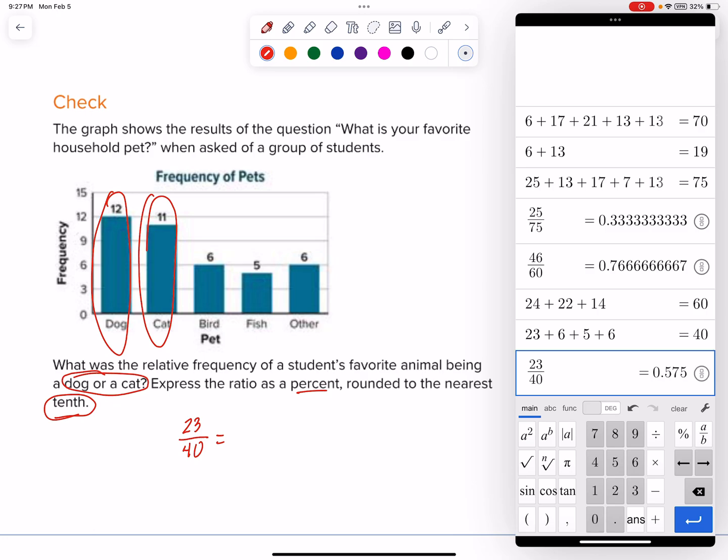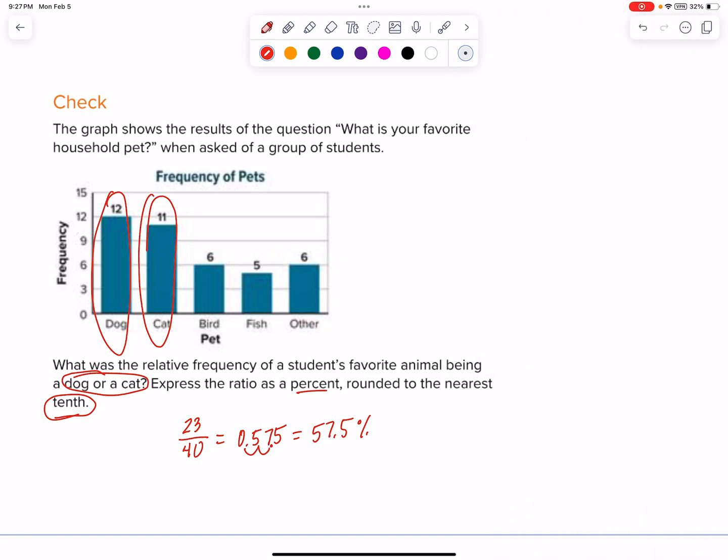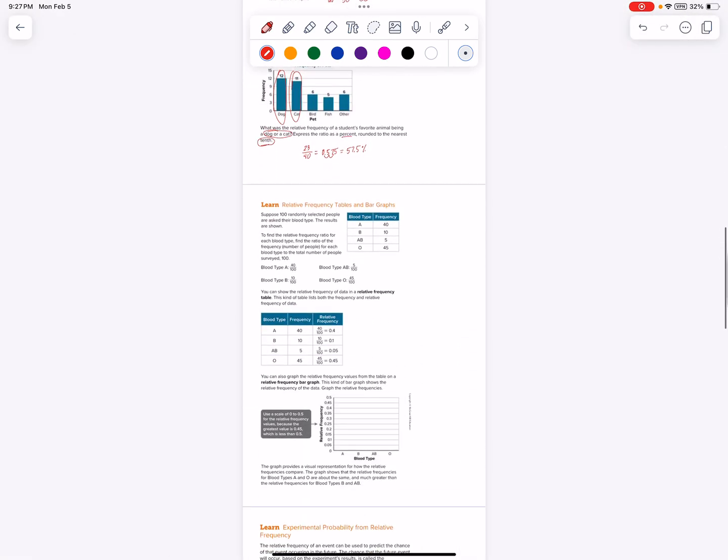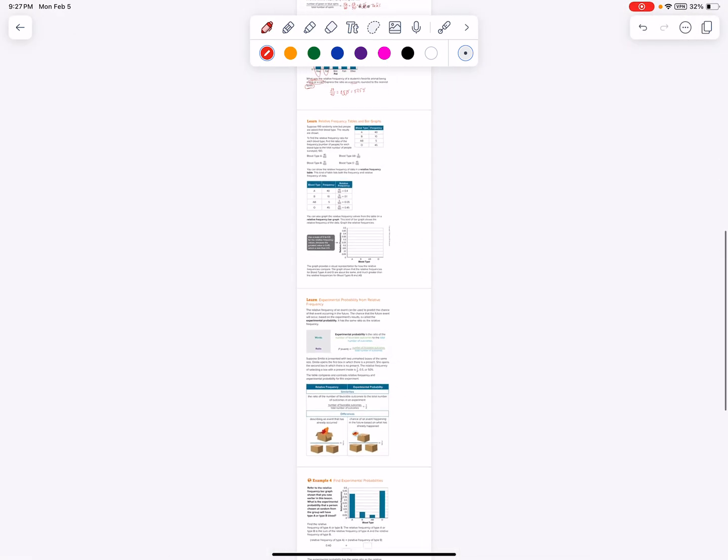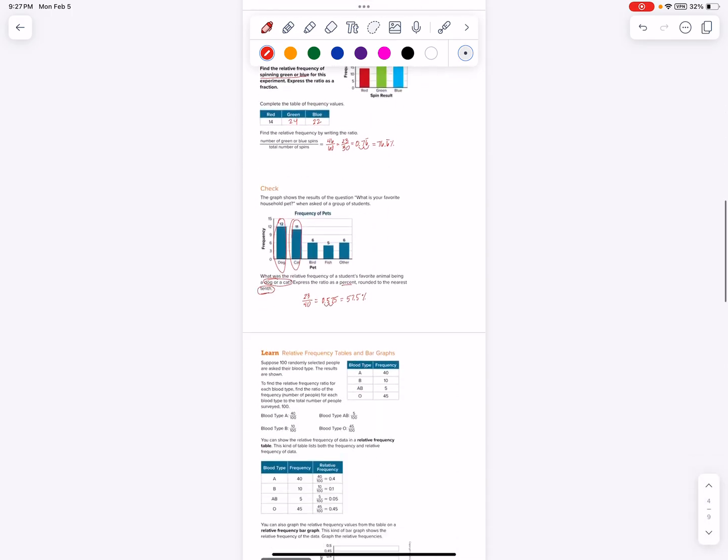It's automatically going to give us the decimal, so we don't really need to be simplifying it. 0.575, and then turn it to a percent, 2 swoops to the right, and so we have 57.5, and it does say stop at the tenth, which I did. So there you go, relative frequencies, done. Okay, all right, there's a whole bunch more on this, holy moly.